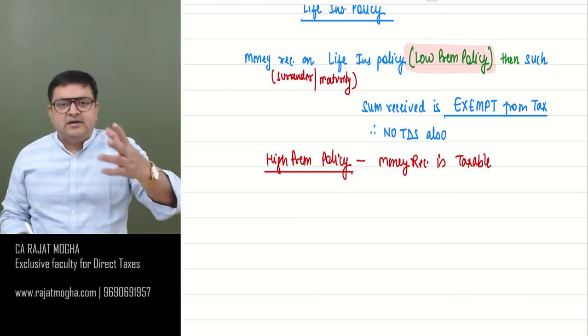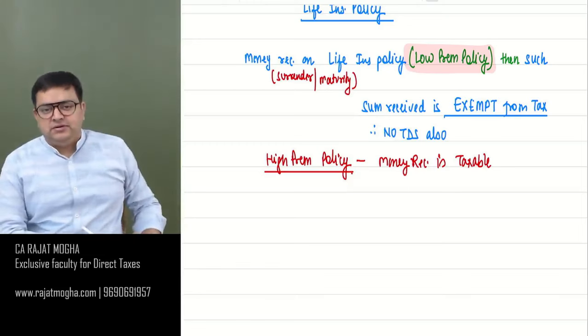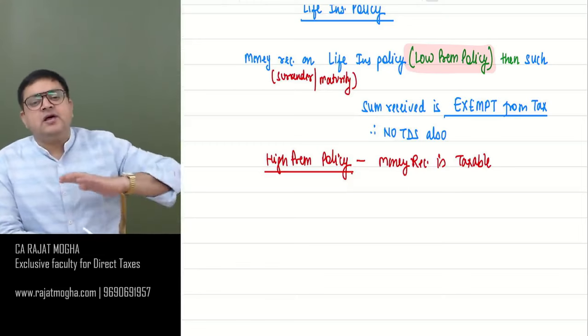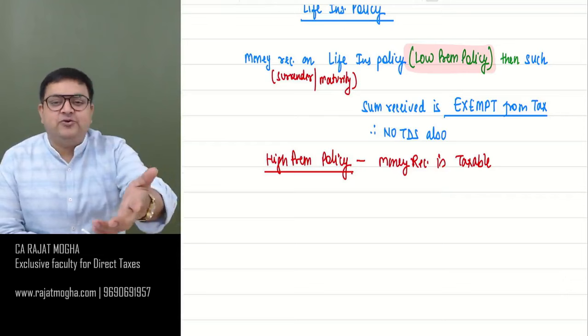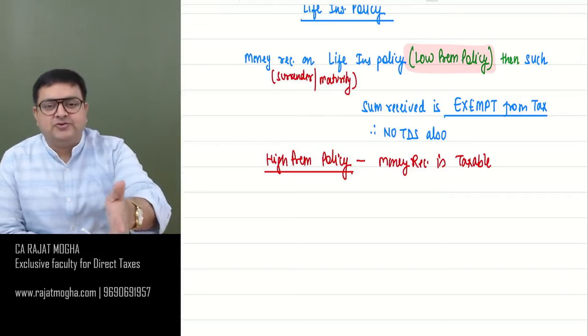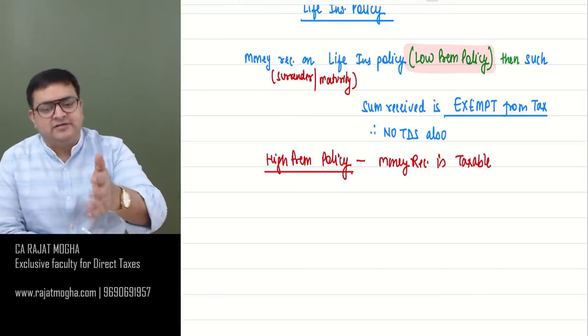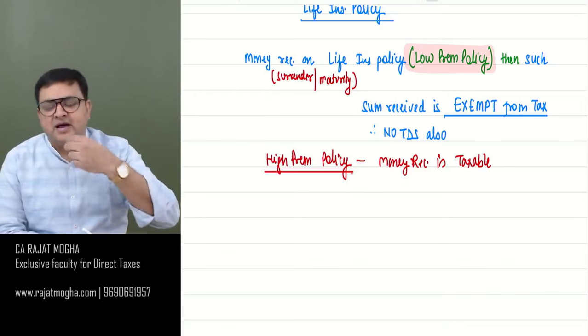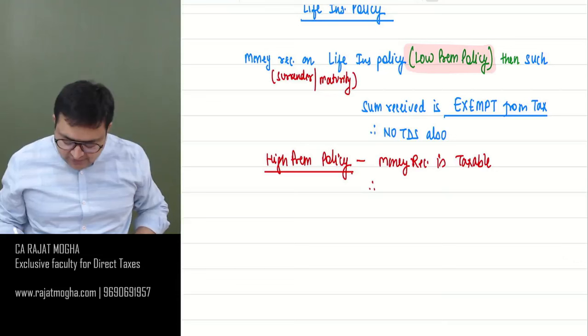Now let's say you are receiving this money on a high premium policy, and I'm an insurance company giving this money to you. This policy was a high premium policy, so it is taxable in your hands. Therefore, since it is taxable, when I give this money, I will also apply TDS. Therefore, TDS under section 194 DA is applicable.